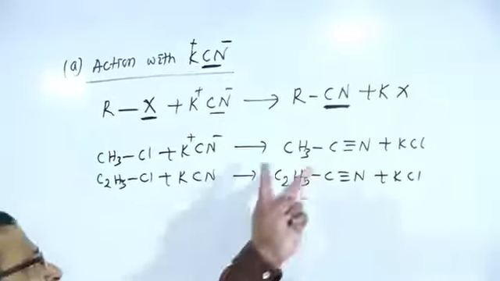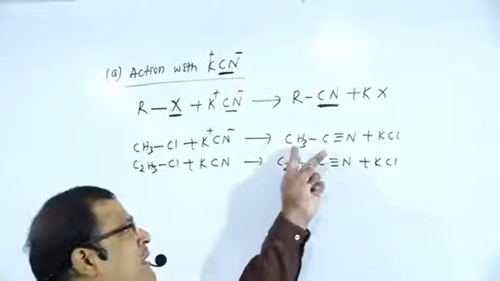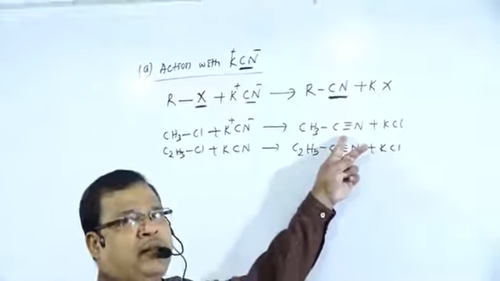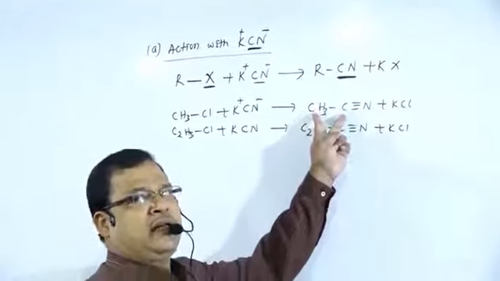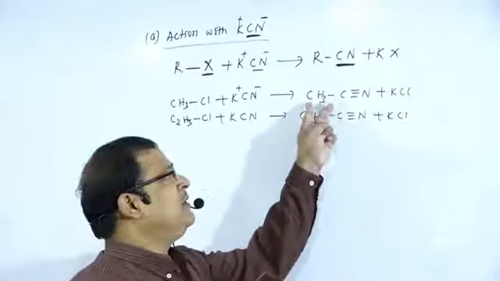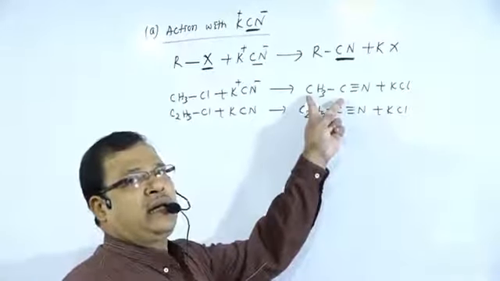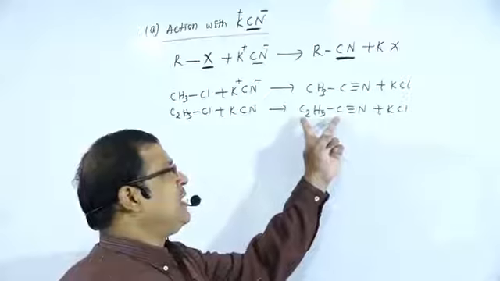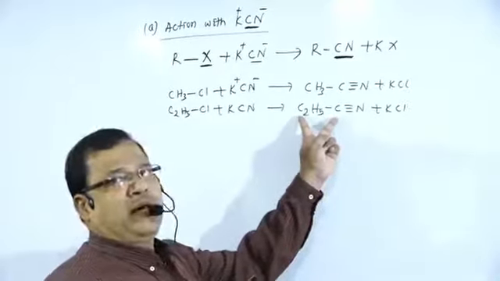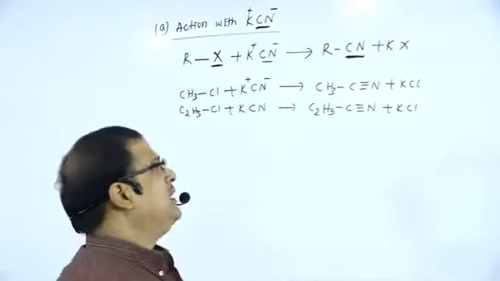Methyl cyanide's IUPAC name is ethane nitrile. With two carbon atoms, alkyl cyanide is alkane nitrile. With three carbon atoms, it is propane nitrile, ethyl cyanide.